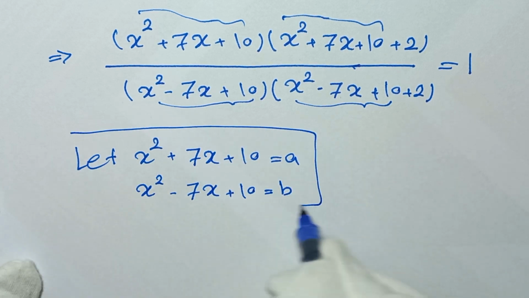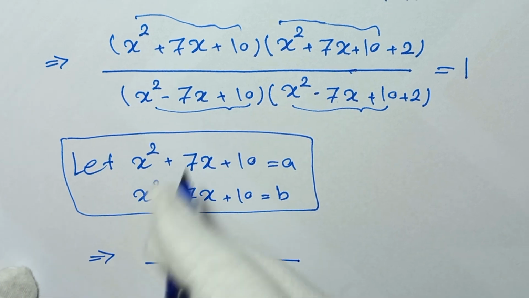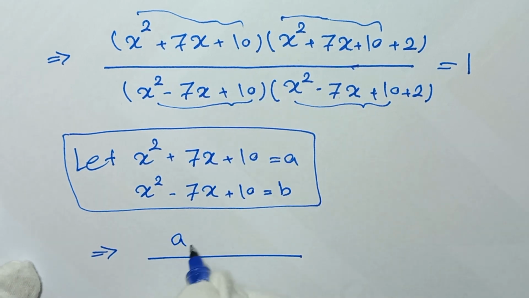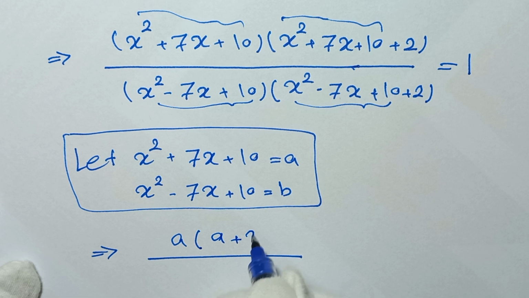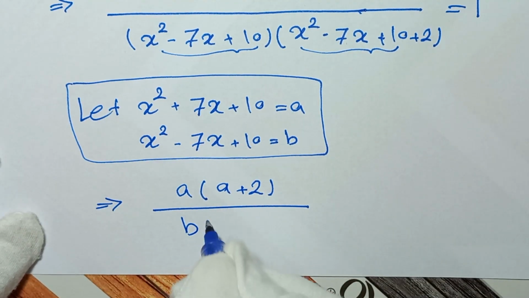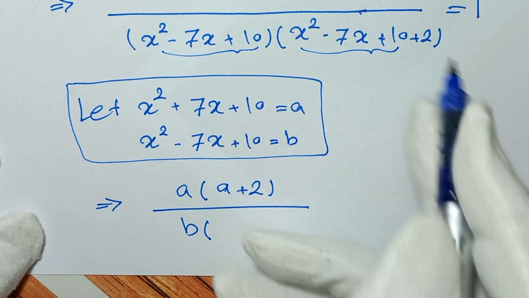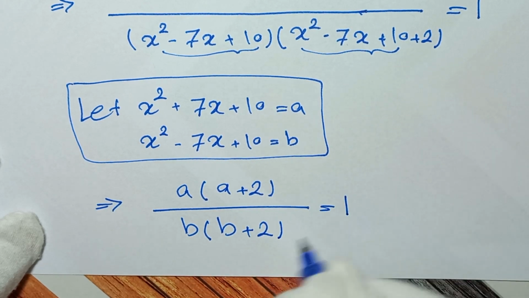So we rewrite this equation: for the numerator we have a times a plus 2, and for the denominator we have b times b plus 2, is equal to 1.